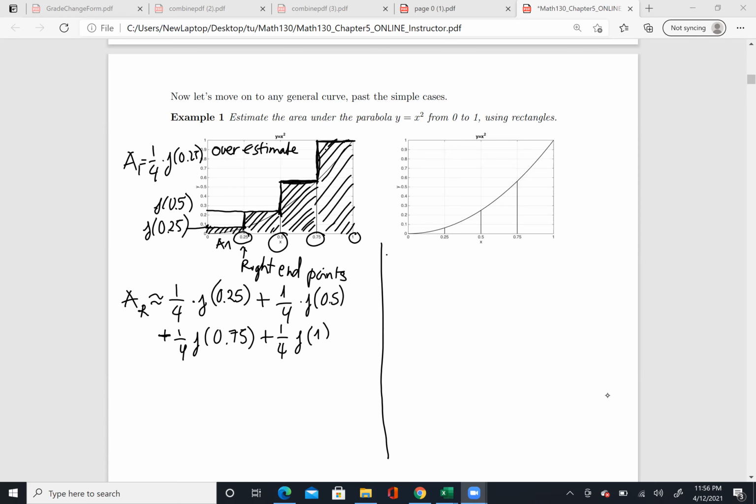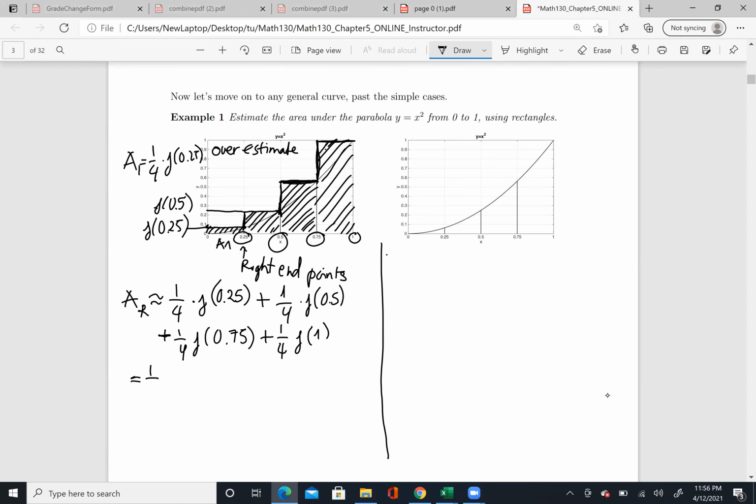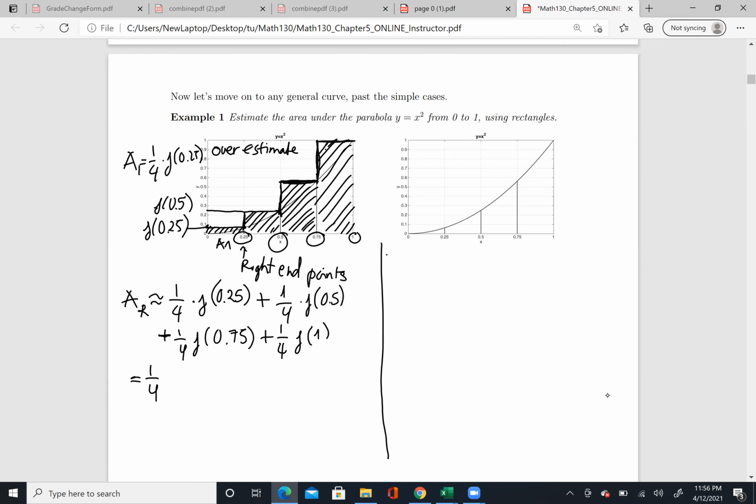Okay, so I can factor 1/4 out, and I will just use all the numbers for each value of f here.